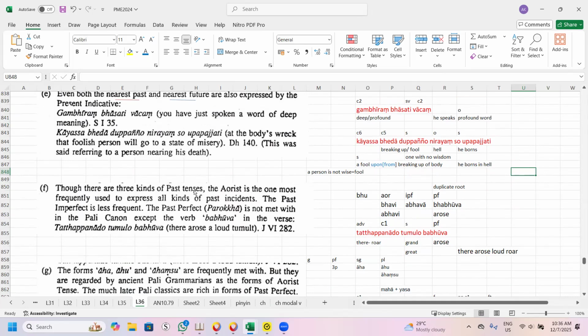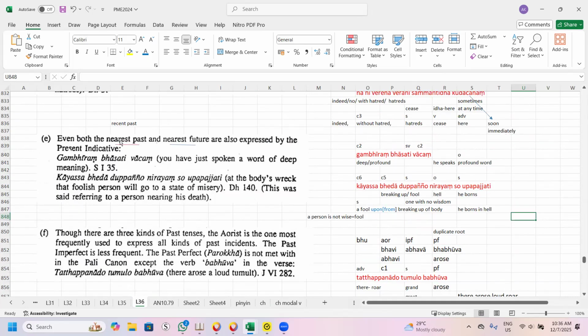Next line. Here I also cannot figure out. This is indicative of he is born in the hell. Technically this is future. If we say nearest future, then probably we will change to something like he will.